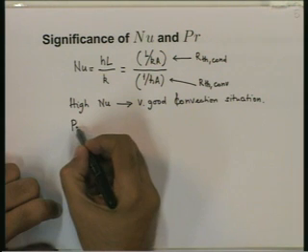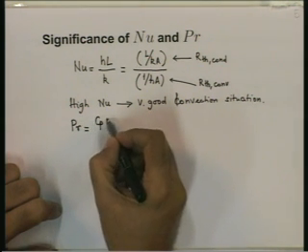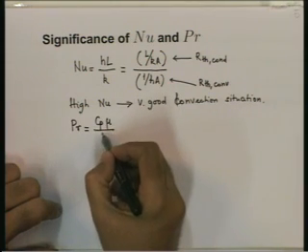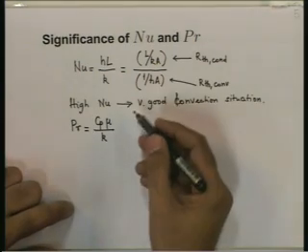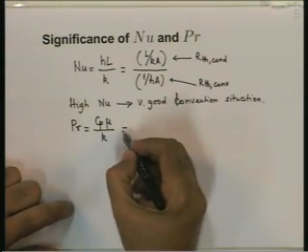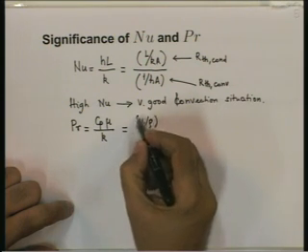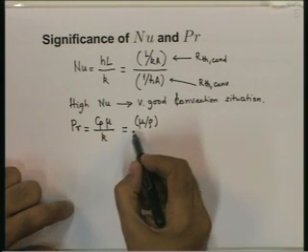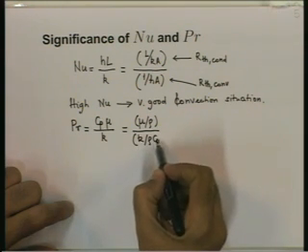The Prandtl number is special in the sense that it is a function only of three properties, and we can rewrite it as mu by rho divided by K by rho Cp.